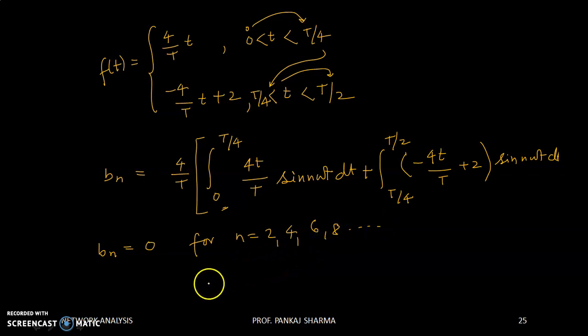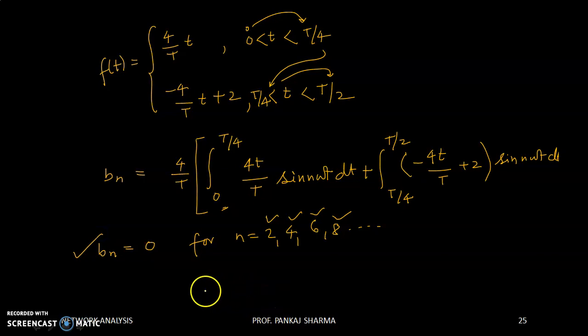Put the value of n is equal to 2, 4, 6 or 8 in this value, and you will get Bn is equal to 0.